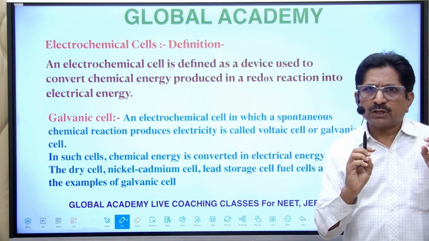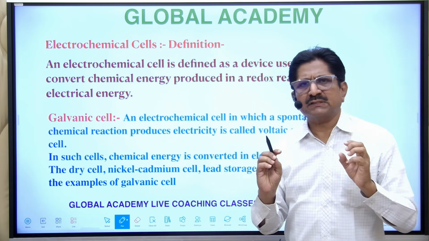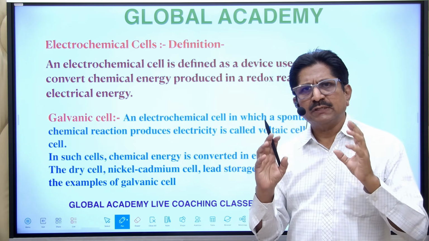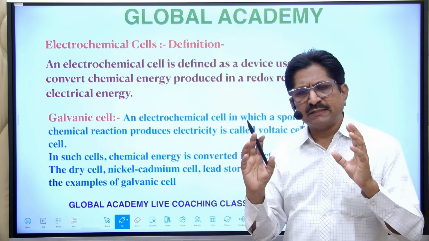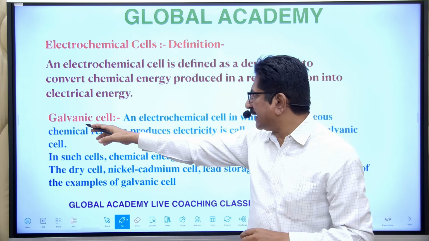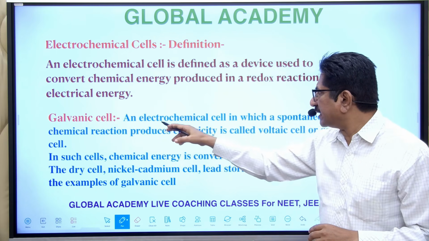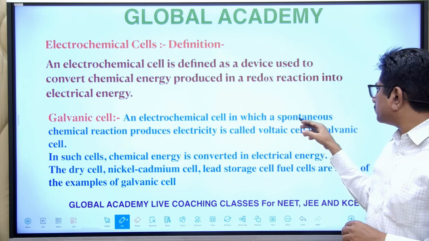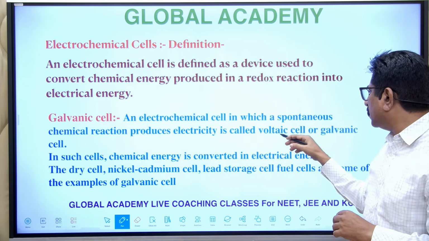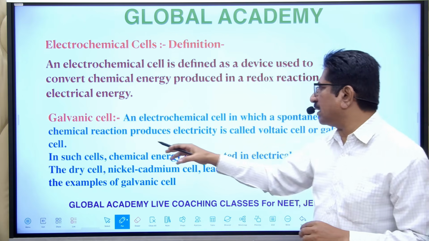Similarly, the galvanic cell is an electrochemical cell in which a spontaneous chemical reaction produces electricity, and it is called the voltaic cell or the galvanic cell.